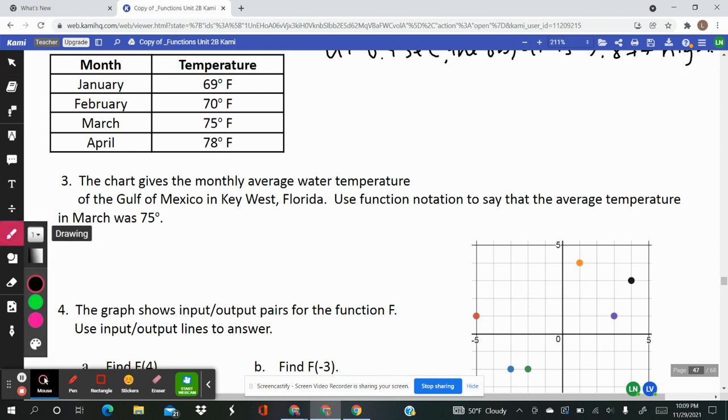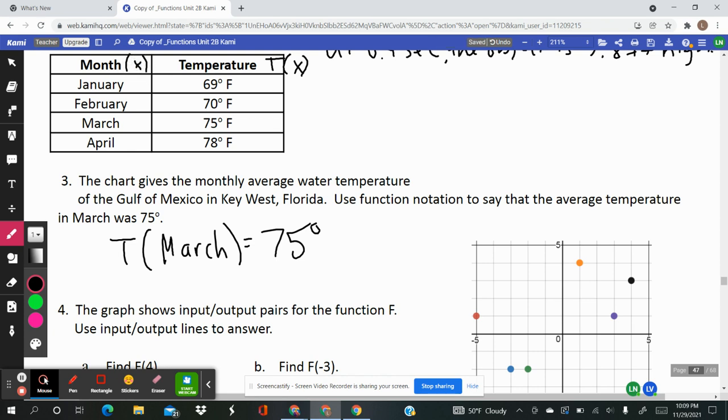So we're going to label that as the temperature in March equals 75 degrees. Because the temperature is going to be your y value, so we'll say that's T of x. And then our month is going to be our x values. So I replace the x with the month and the temperature of that month and make it equal to it. That's where my 75 comes in.